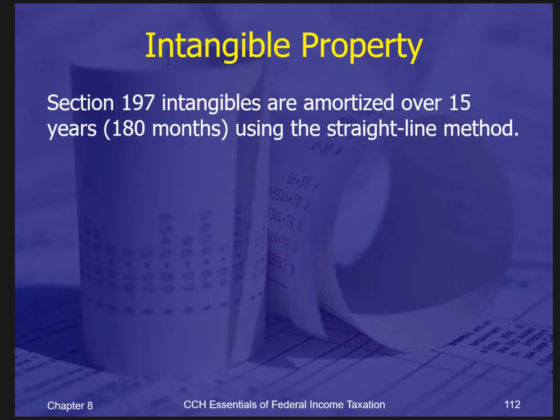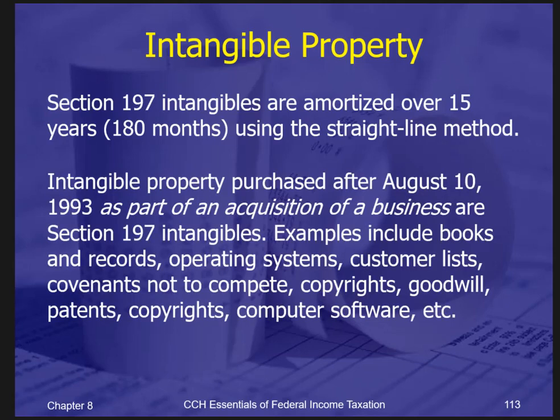So what we're talking about is buying them from someone else. If you acquire them as part of an acquisition, they are automatically Section 197 intangibles. Doesn't matter what they are, all these qualify, and they are amortized over 15 years straight line. Nice simple way to do it.